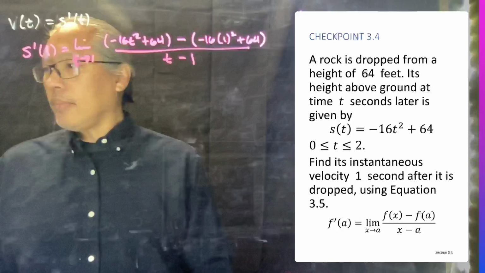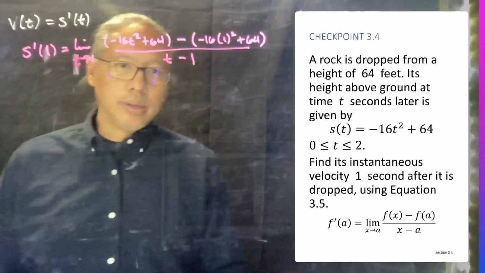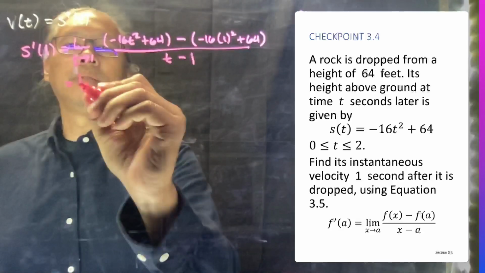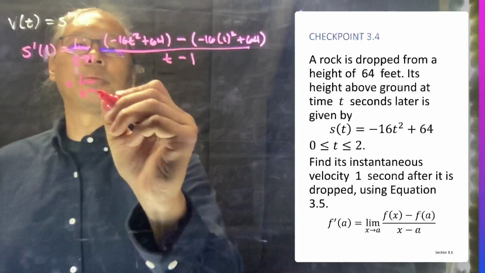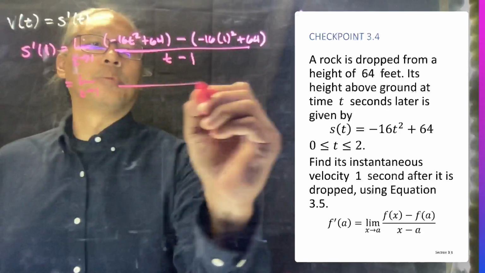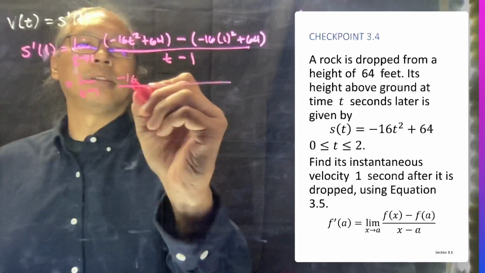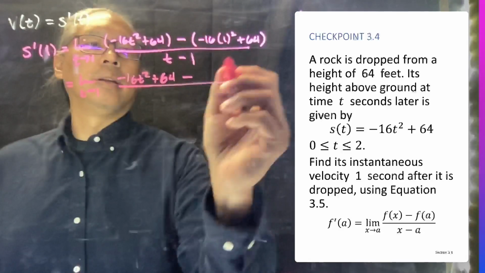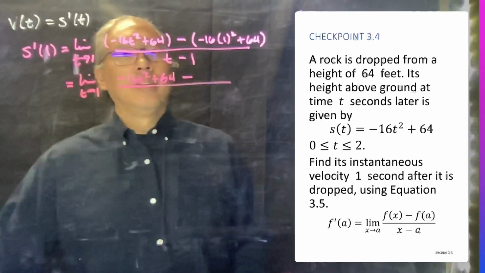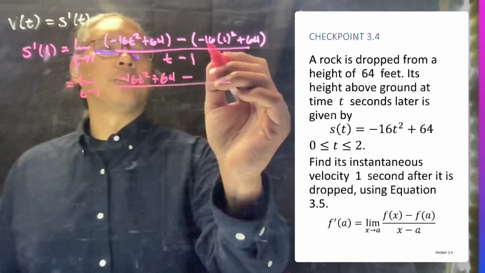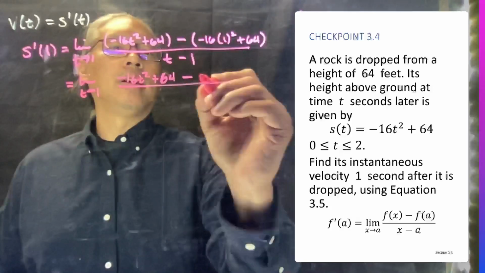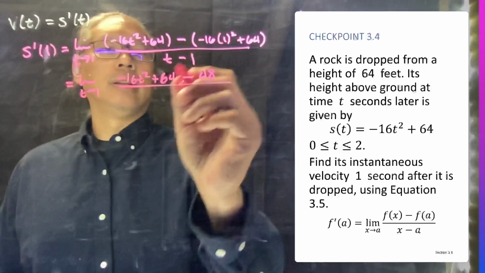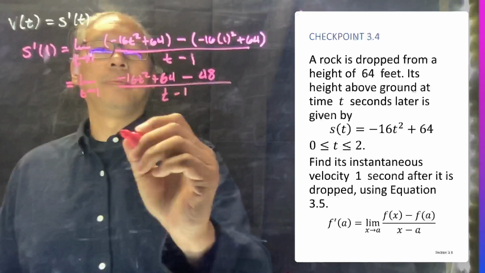Okay. All right, now we will do some algebra. We'll take the limit as t approaches 1. The numerator, we'll keep the same, negative 16 t squared plus 64. And here, let's simplify this. We have 64 minus 16, so this will be 48, and t minus 1.